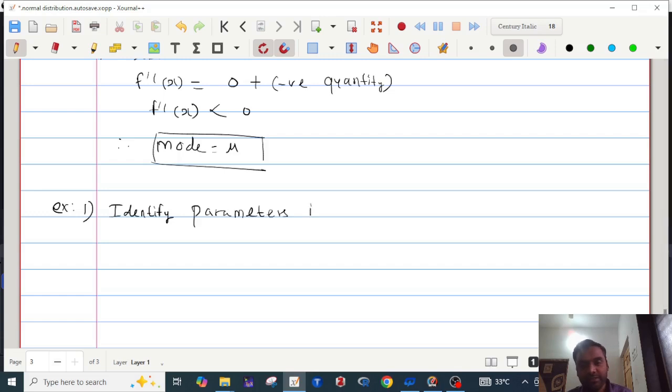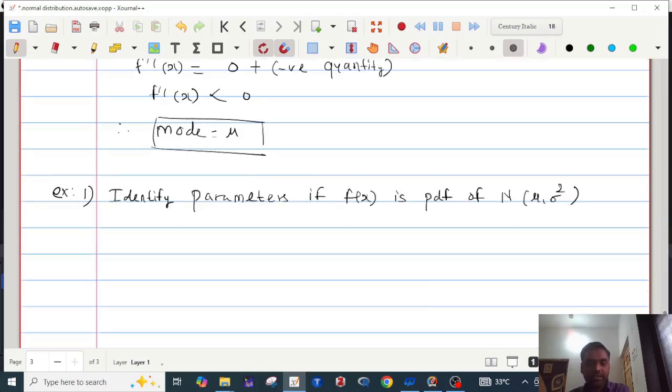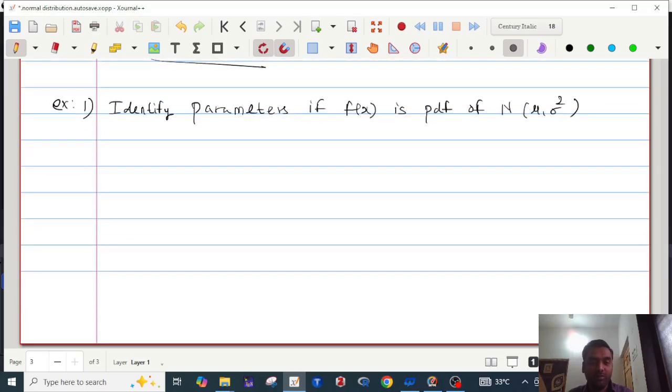If f of x is the PDF of normal mu comma sigma square.